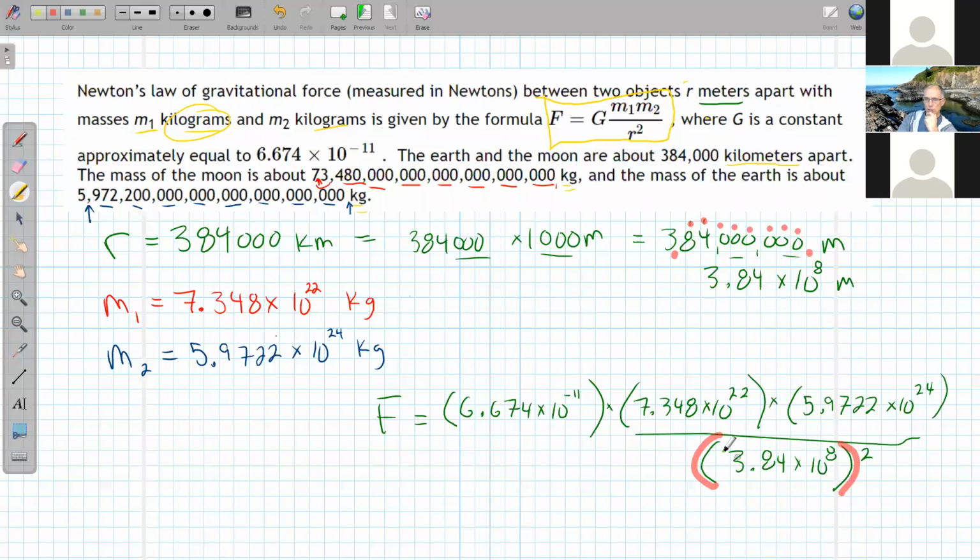Again, for most calculators, that most important parentheses is that bottom one. That you have this value here in parentheses and then square it.